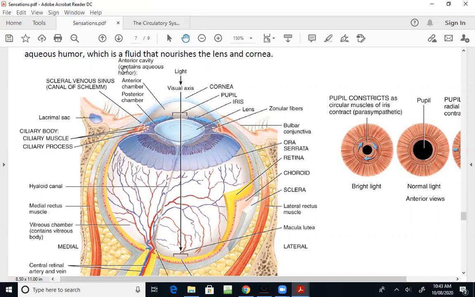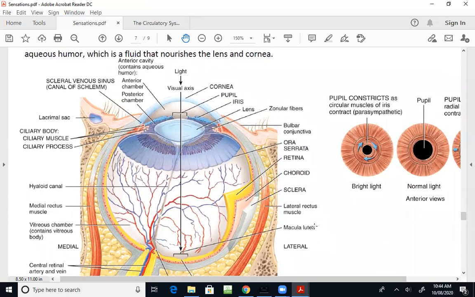The anterior cavity. Don't worry about the chambers, it's kind of hard, not that important to know apart. Cornea, pupil, iris, lens, zonular fibers, ora serrata, choroid, sclera, macula lutea.